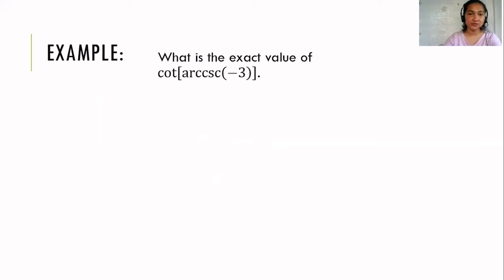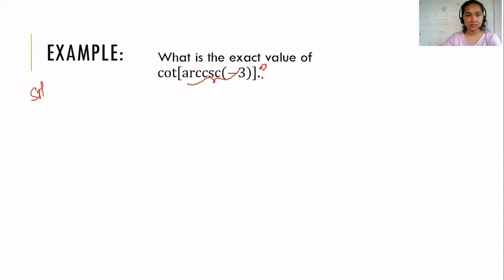In this case, what is the exact value of cotangent of arccosecant of negative 3? Take note that for this example, we cannot use the composition of functions because what we have here are cotangent and cosecant, and they are not reciprocal identities. With that, we first begin at the inner part of this expression.